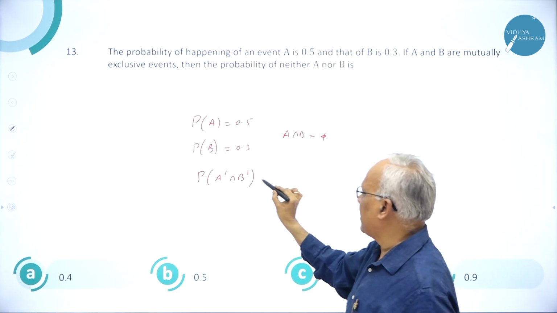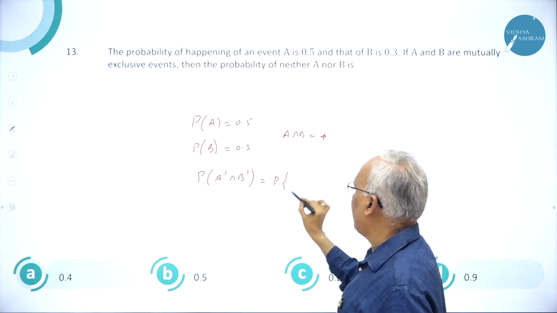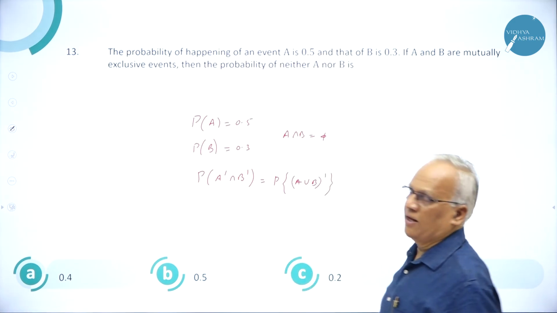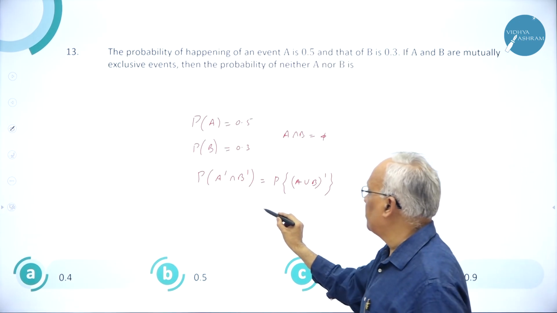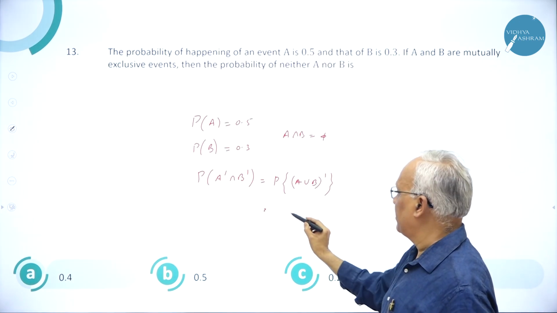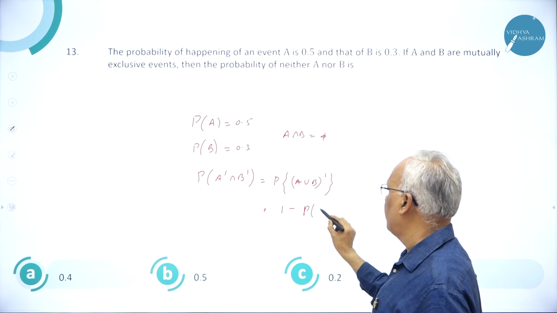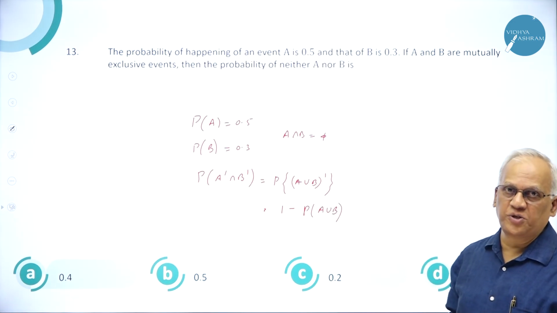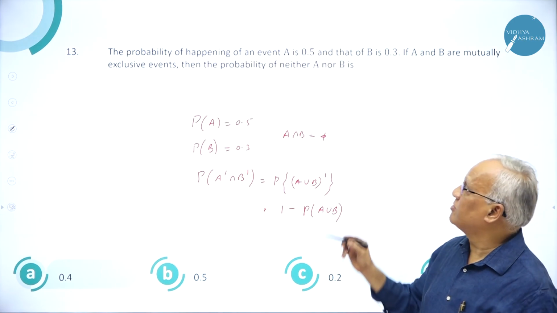So you can write this as probability of (A union B)' by De Morgan's law, which is equal to 1 minus probability of A union B, since the probability of a complementary event is 1 minus the probability of the event. And you know that when A and B are exclusive, probability of A union B is the sum of the probabilities.